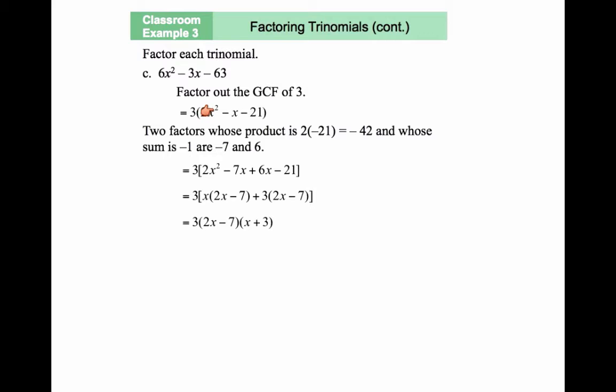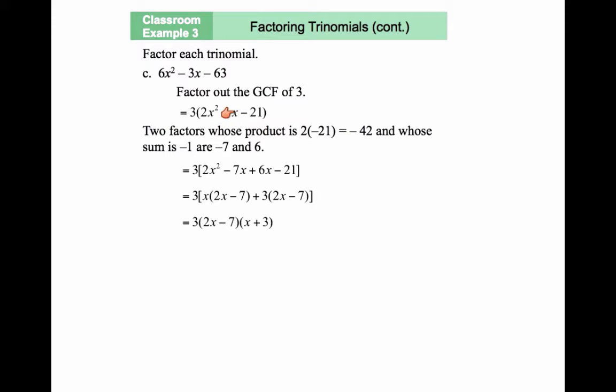If I factor the 3 out, then what times 3 gives me the first term is 2x squared. What times the greatest common factor gives me the second term is minus x. What times 3 gives me the last term is minus 21. Notice that if I distribute this, I get back to what I originally had.